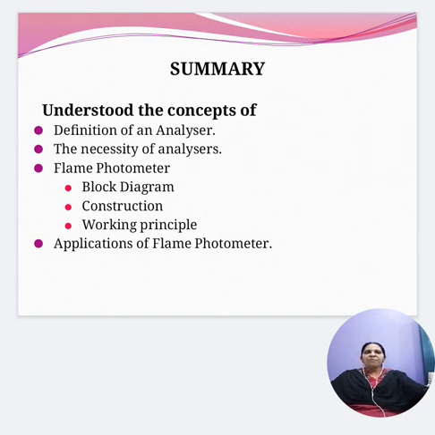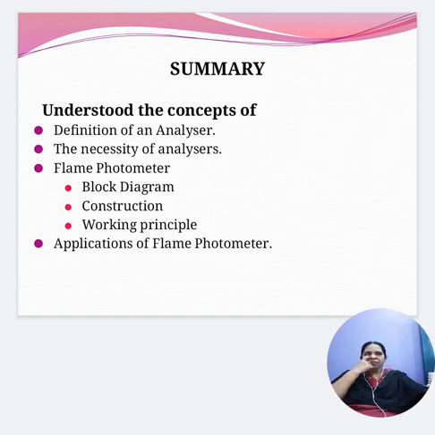So how does the flame photometer work? A flame photometer is used to detect and display ions to accurately determine the concentration of the ions present in a given substance. It works by measuring the intensity of the light emitted when the element is exposed to the flame.